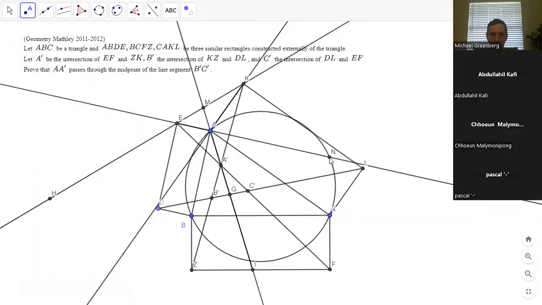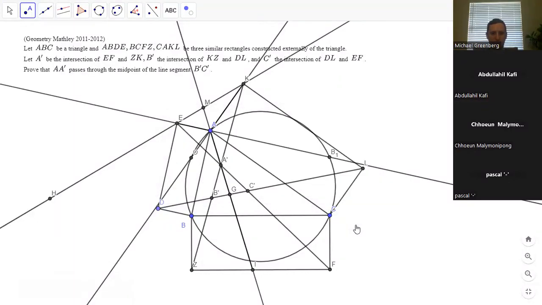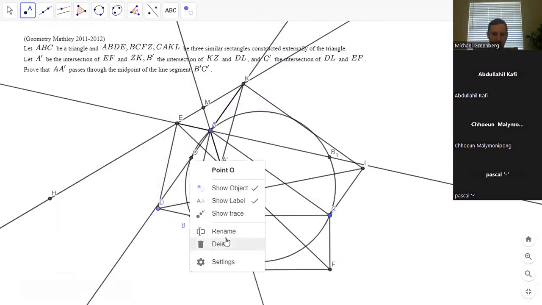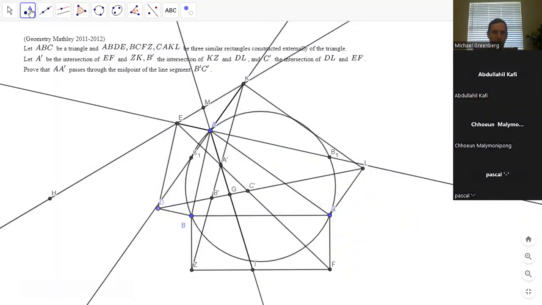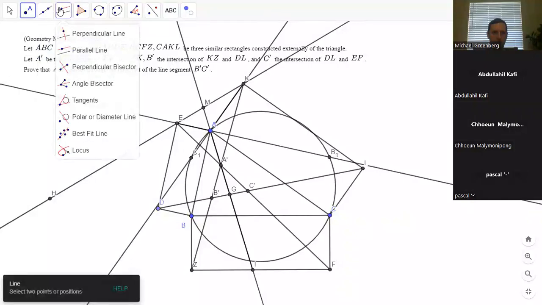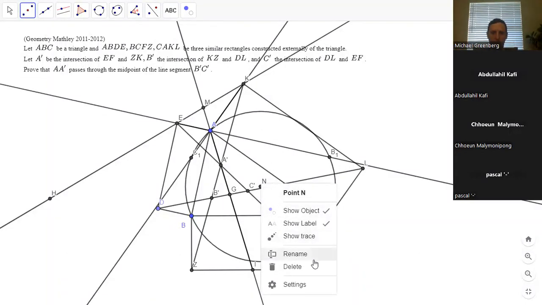So this is the antipode of B, antipode of C. I'll call it B1, and this I'll call C1. And I'll call the center of the circle O. So we have a rectangle, BC1, B1O.